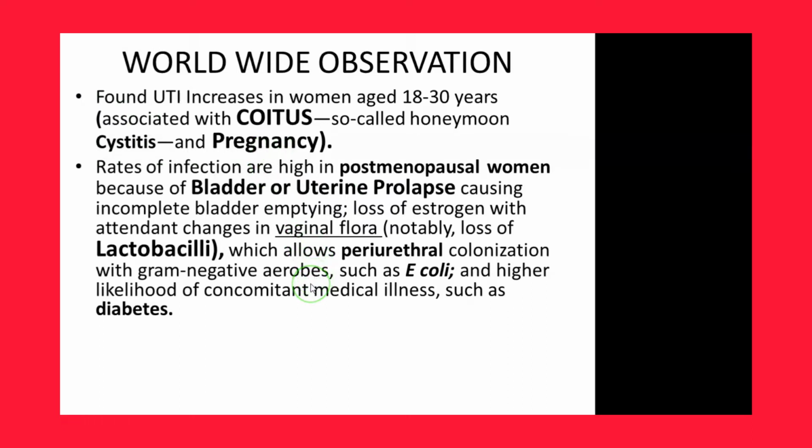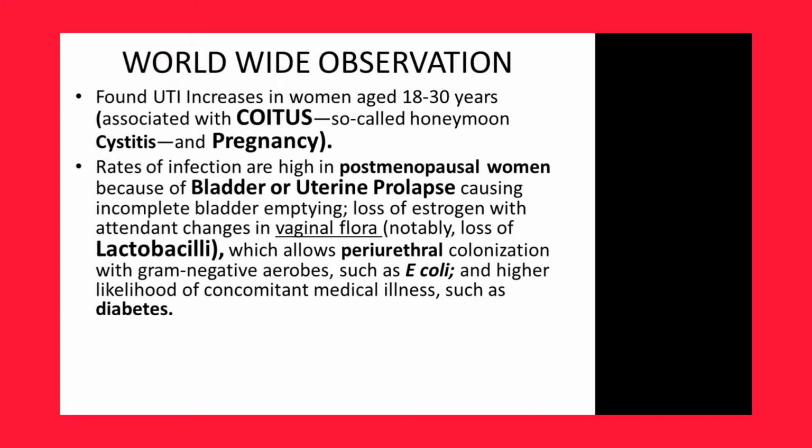We can also understand when postmenopausal women have this kind of problem, because at that age the normal flora are no longer there. The normal flora in the vagina is usually lactobacilli, but what you now find is the predominance of E. coli and other strange organisms that would now easily pass to the urethra and cause urinary tract infection.